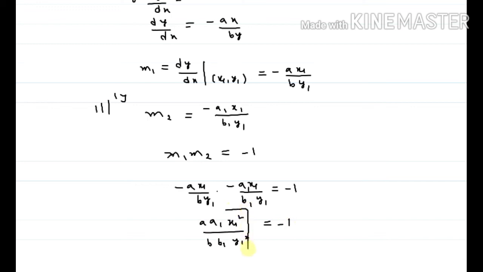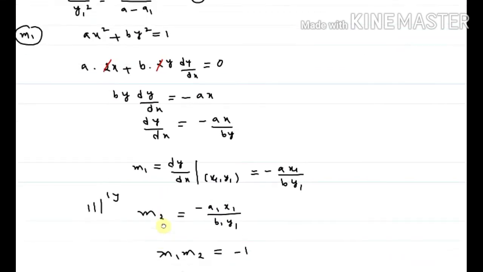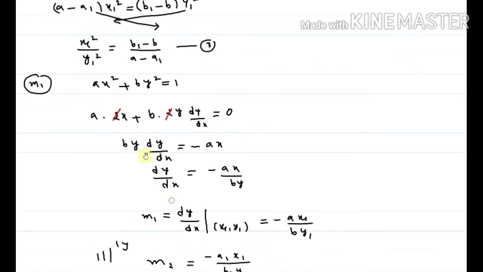Now substitute x1 square by y1 square value from equation 3.